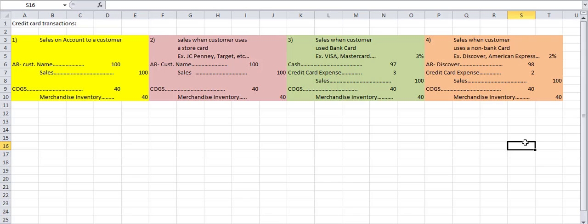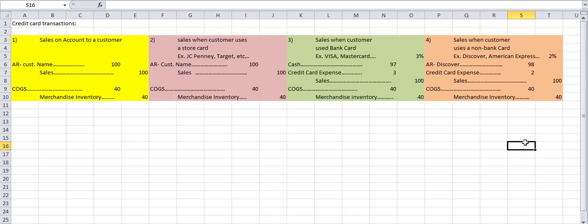What's really new and unique are the last two. So when a customer comes in and uses their Visa or MasterCard, which is a bank card, we instantly get cash in that transaction, but we incur a fee. So that reduces our cash flow instantly, but at least we have instant cash. And then in number four, when a customer uses a non-bank card like Discover or American Express, we still incur a fee.